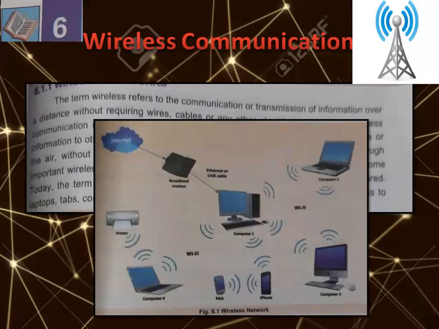Here you can view, suppose this is computer one, and if you have a Wi-Fi wireless card, you can connect your computer with the internet with the help of Ethernet or USB cable or a Wi-Fi card. Your printer can be wireless, and your PDA system, mobile, iPhone, laptop, all these can be Wi-Fi.